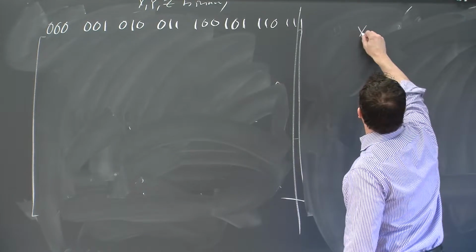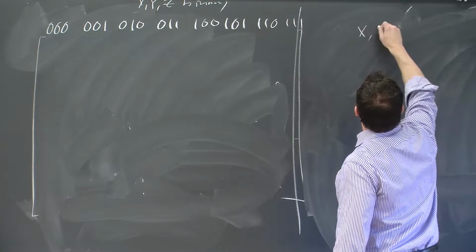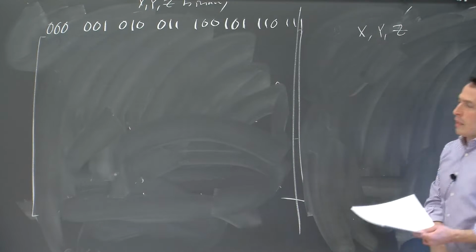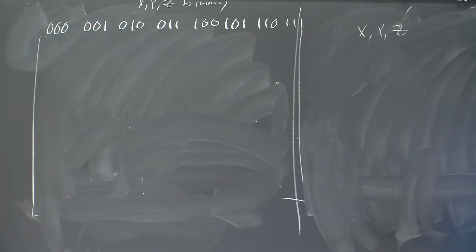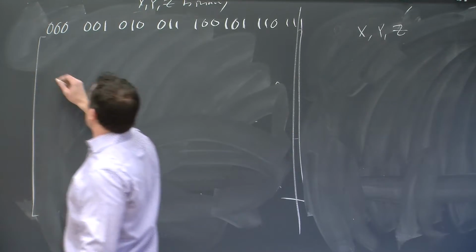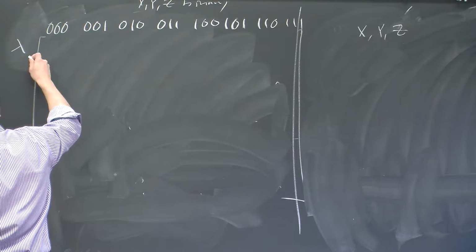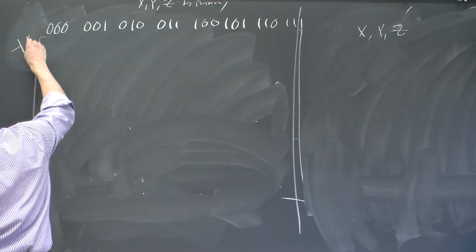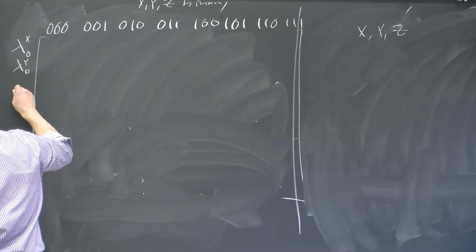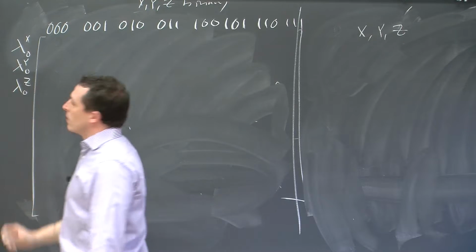So suppose, let's say, for the independence model, let's impose constraints. Let's say lambda 0 x, lambda 0 y, lambda 0 z.